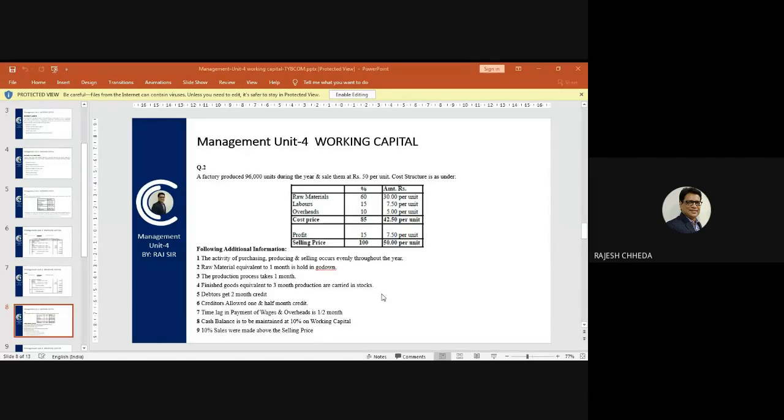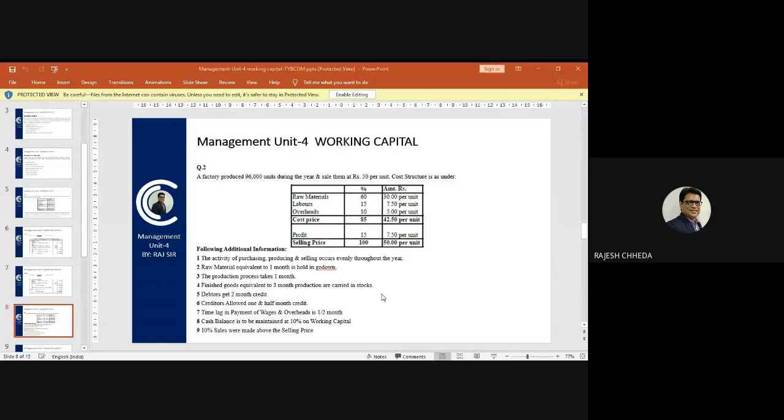So what amount in rupees do we need to calculate? 8,000 in 1 month, so 8,000 into 1 month, multiplied by 30. This gives me 2,40,000. So the first item we write in the answer, stock of raw material, will be 2,40,000.